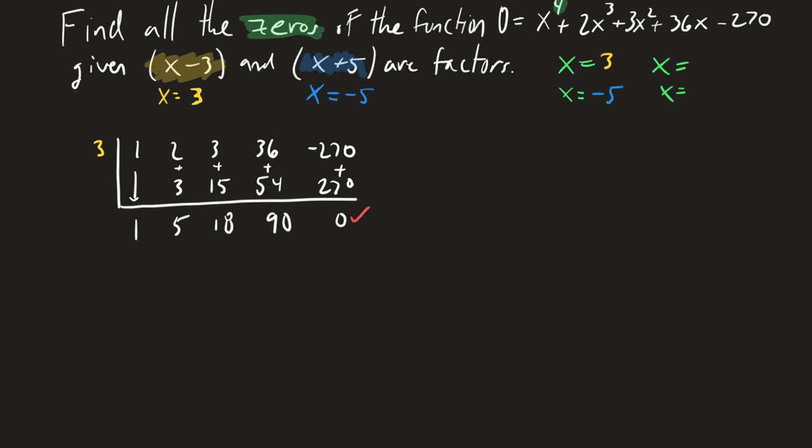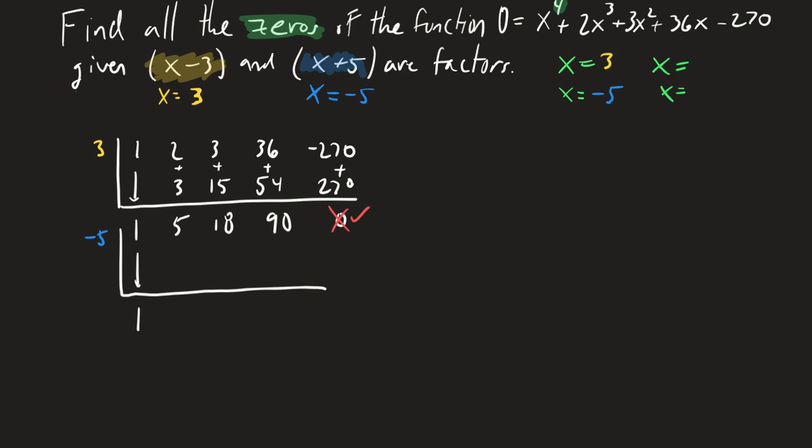Since I have another one to do, I'm just going to drop another box right below that. I'm going to cross out that 0 there at the end, and I'm going to bring in that other 0, which was negative 5. The order doesn't matter. If I'd done the negative 5 first, these numbers here would be different, but then our final answers would be the same, so it doesn't matter.